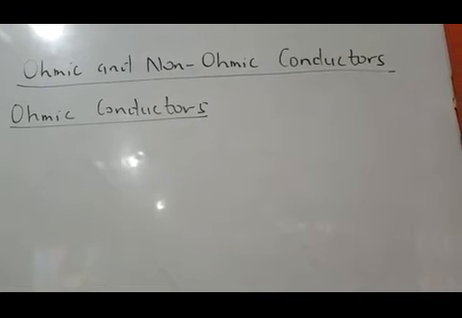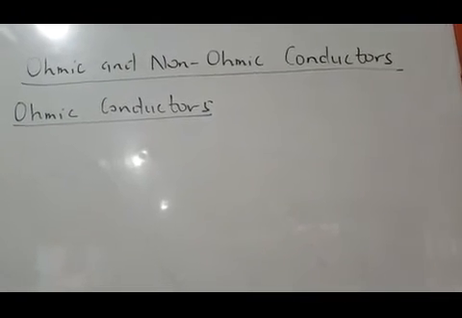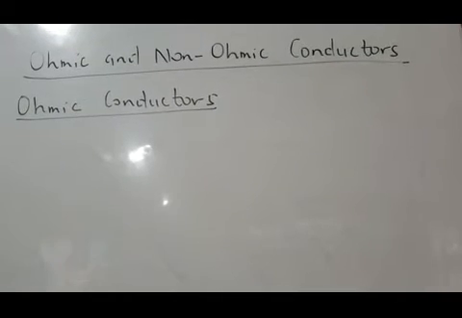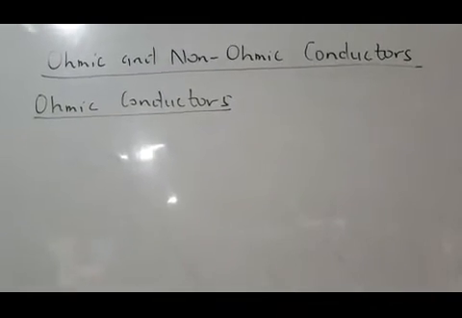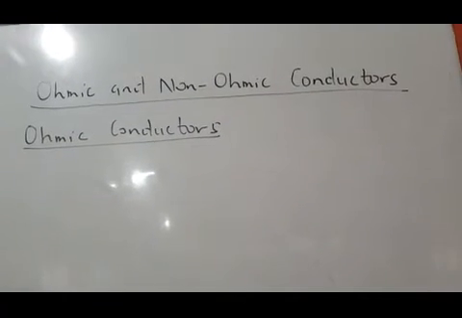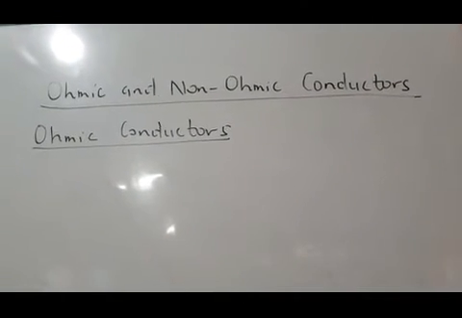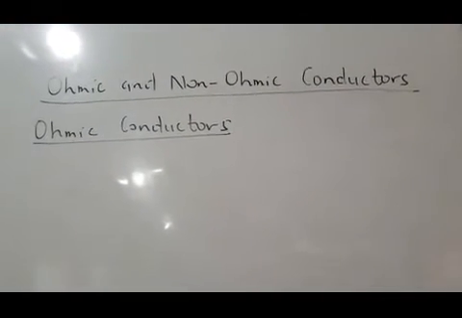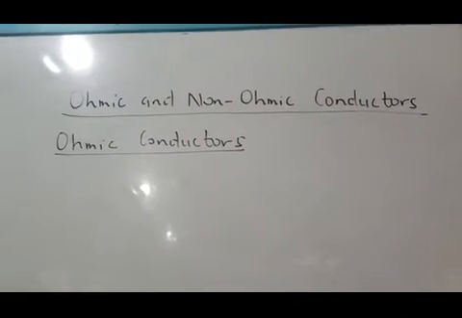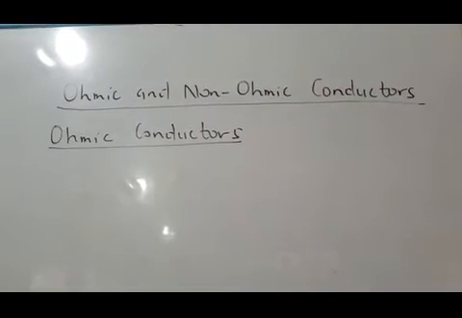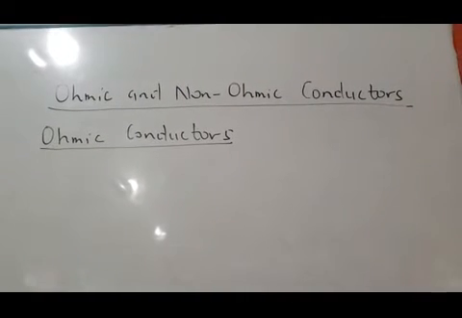It means that for that particular conductor, a graph of voltage against current will indicate a direct proportion between the voltage and the current. On the other hand, conductors that do not obey Ohm's law, we refer to them as non-ohmic conductors.